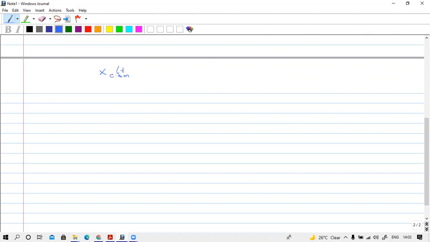It is varying with time. So we can write it as 1 plus mu m(t), where m(t) is the message signal or baseband signal, multiplied by c(t), where c(t) is the carrier signal.